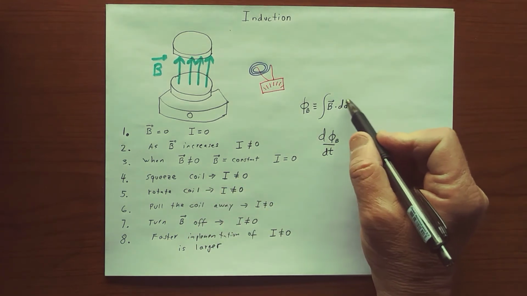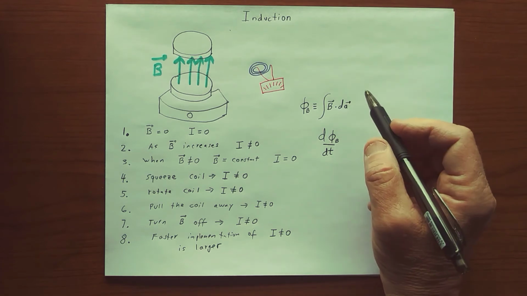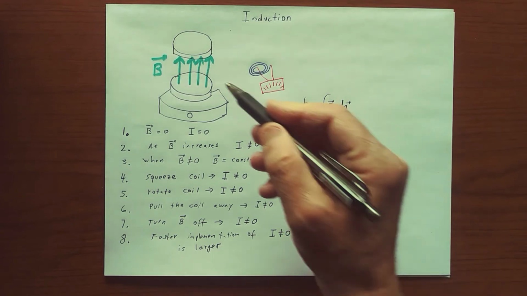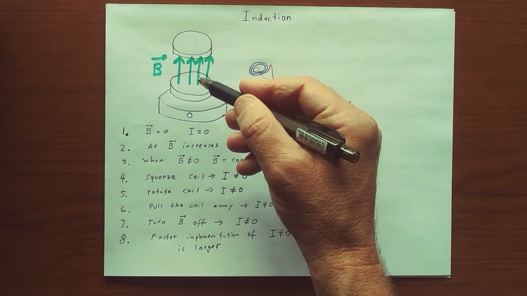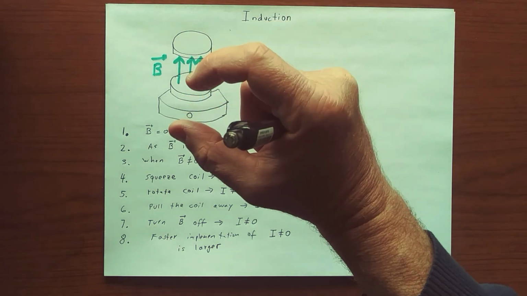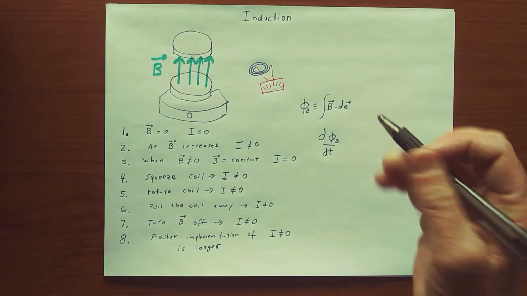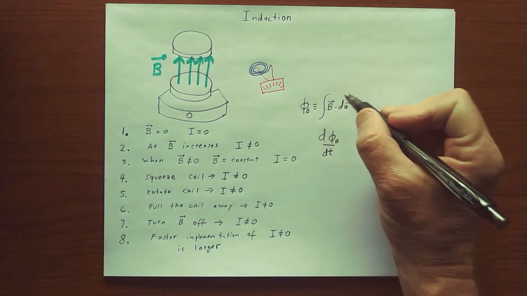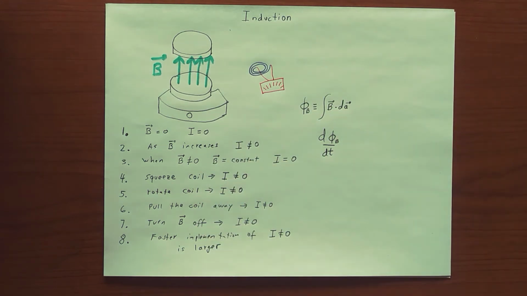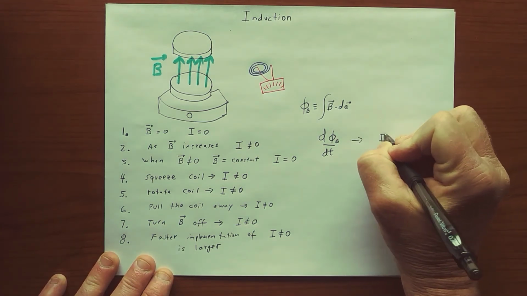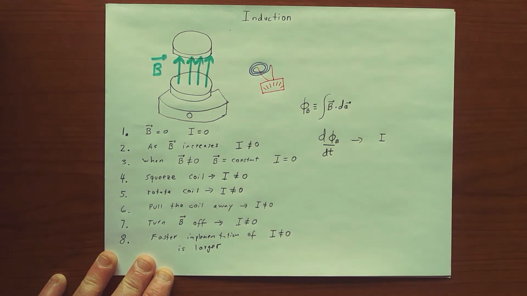That changes the area part. Or we can rotate the coil. That changes the dot product. Right, we're rotating the normal to the surface of the coil, and the magnetic field direction, that changes value, and so the dot product changes. So these are essentially the 3 ways in which we can change the magnetic flux. So this is what leads to a current being generated.